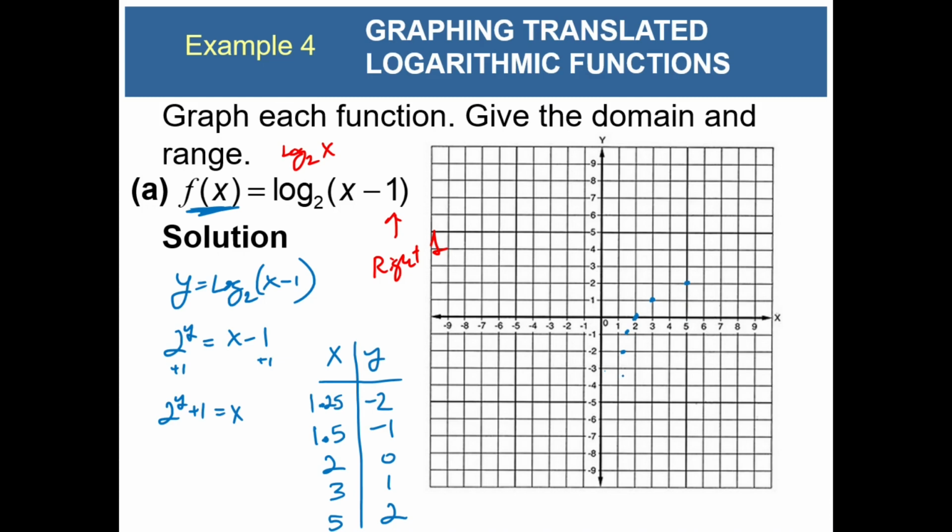If we need more points, we can definitely graph more points. But it looks like the vertical asymptote here is shifted to the right one, which makes sense because our graph is shifted to the right one. So let's draw a vertical asymptote. Here is our new vertical asymptote, and it is shifted to the right one. This is the equation x equals 1.